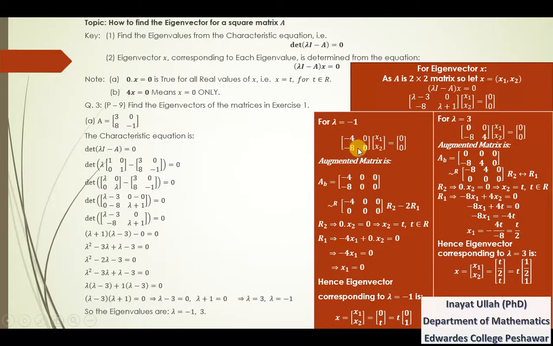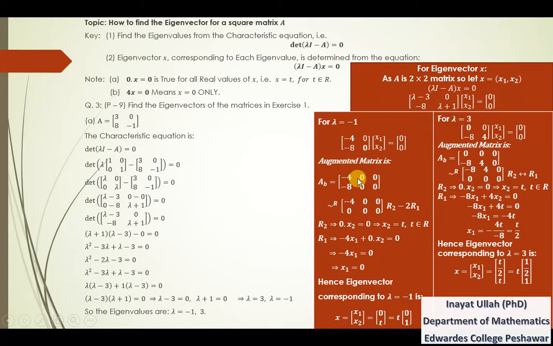The combination of this coefficient matrix along with this column vector. Whenever we combine these two matrices, we get this matrix, which is called the augmented matrix, denoted by A with subscript b.